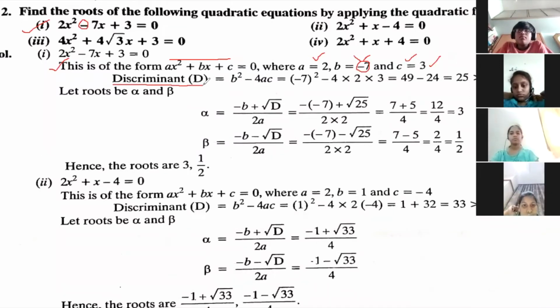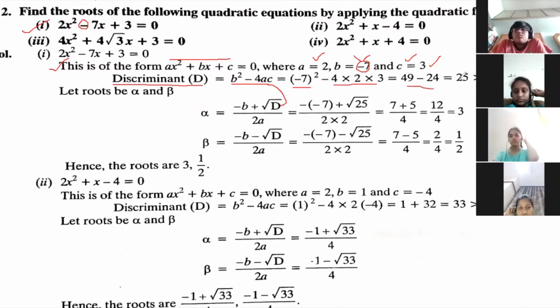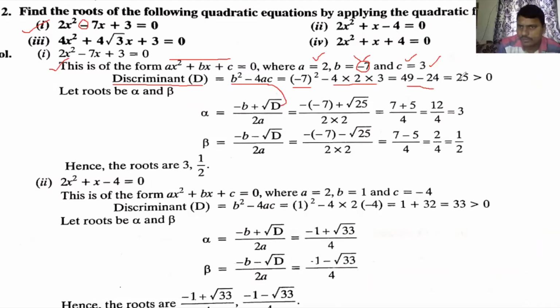So here it is b square minus 4ac, which we write inside the square root. Now instead of this I write only one letter, capital D. So b square minus 4ac, find it here: b value minus 7 square minus 4ac, and you get 25. Why do I want to tell this here? Is 25 greater than 0 or not?